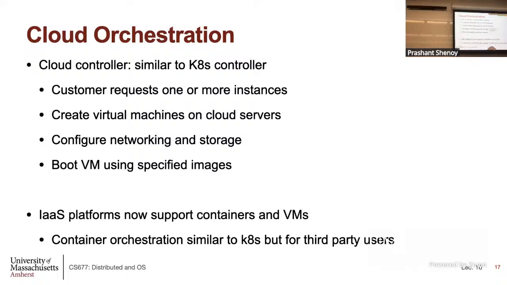So there's some control software that keeps track of what are the servers in the cloud platform, which servers are in use, how much capacity has been allocated, how much capacity has been freed, where to put new virtual machines, how to resize them.